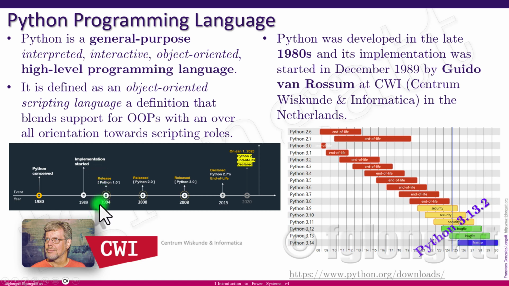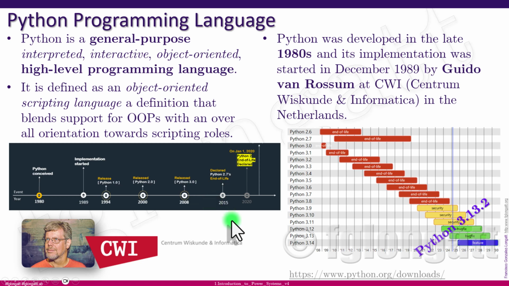And the first release was Python 1.0, and it was in 1994. Then we have Python 2.0 in 2000. And of course, then we have Python 3.0, that is probably the version that many of you are using in your computer, and that started in 2008. 2015 is the moment of the end of life for Python 2.7.